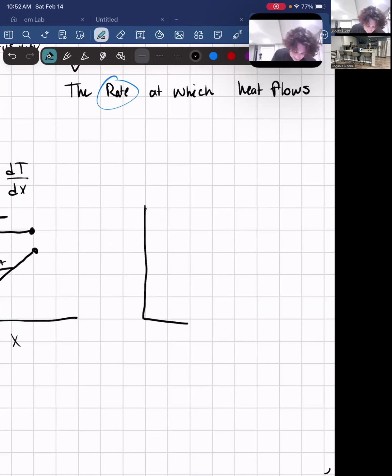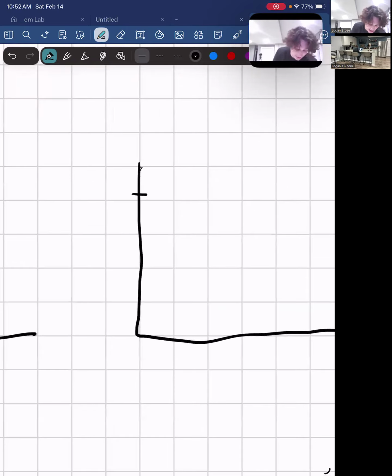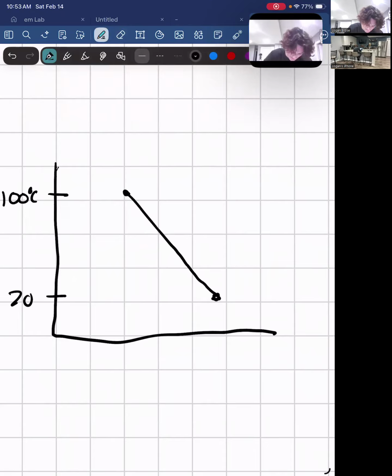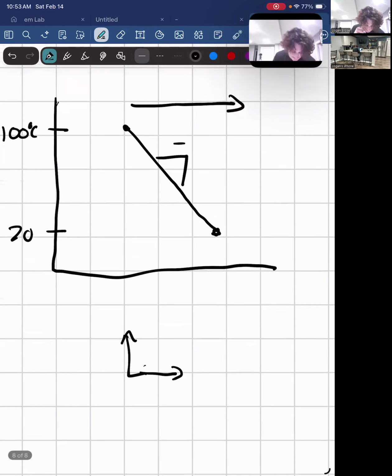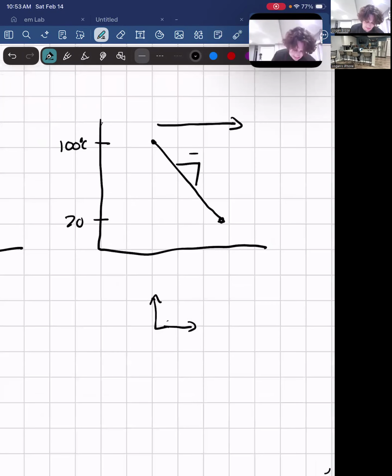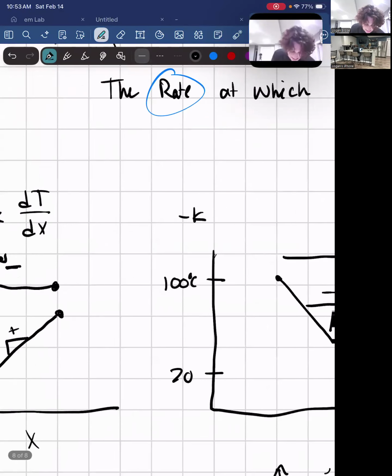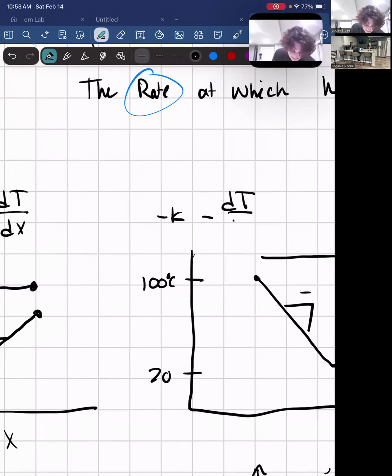And you might be asking, well, what if we are starting hot and ending cold? Now our slope is negative, but we are moving in the positive X direction for our heat. So you're thinking, well, slope's negative, so it's going to be negative. But since this negative is here, we have a negative K times a negative dT/dx.